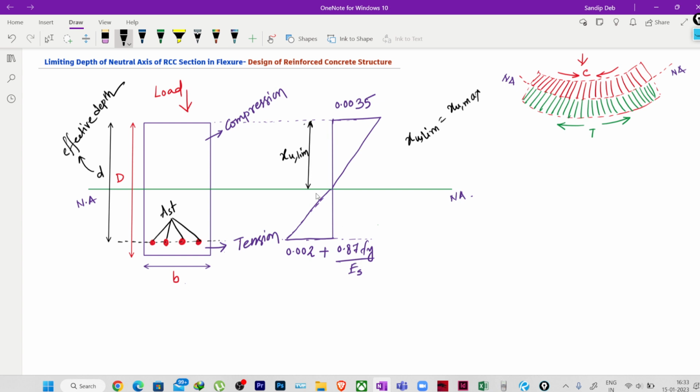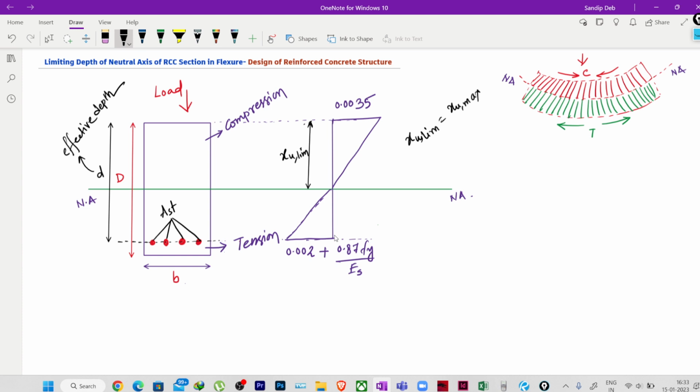So in that case, suppose the steel is reaching its maximum tensile strain before the concrete reaches its maximum compressive strain, so what will happen? The section under tension will fail before the concrete fails. That means the steel will fail before the concrete fails, right?